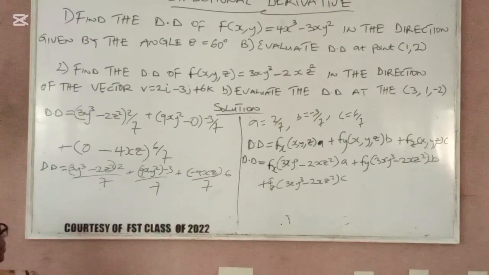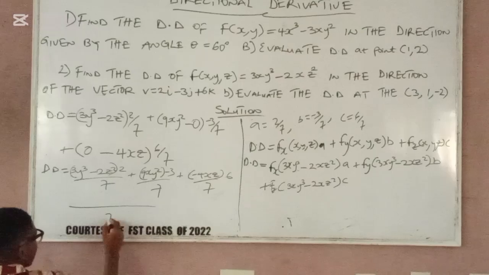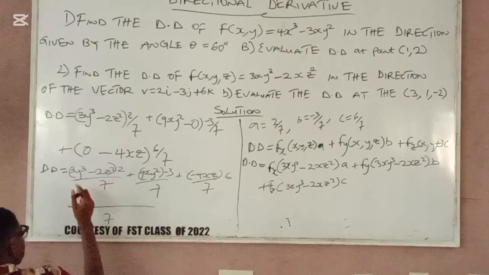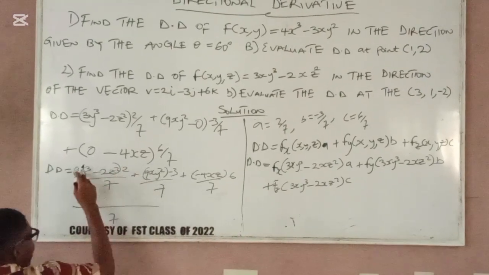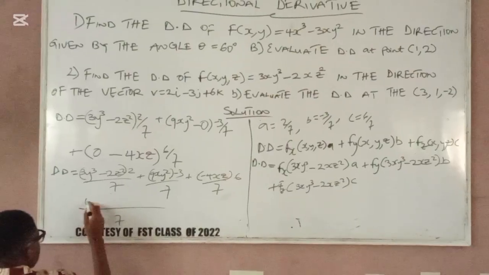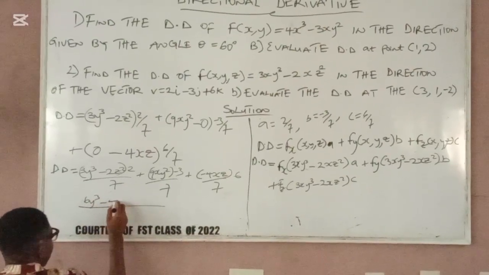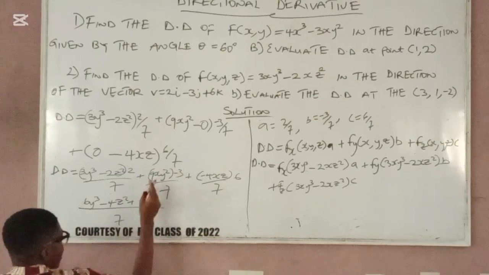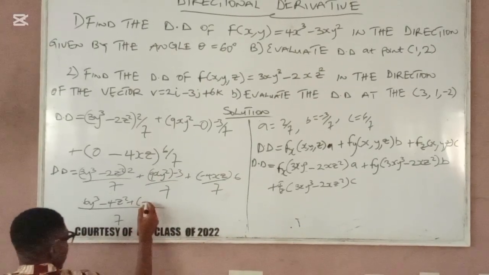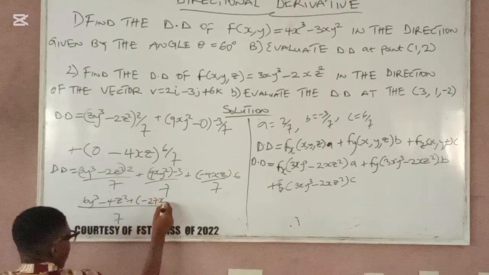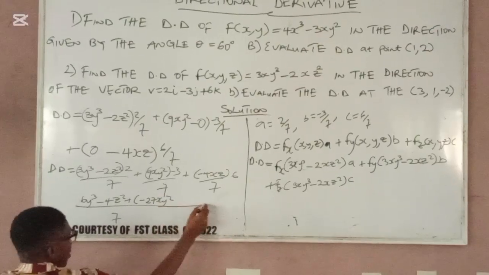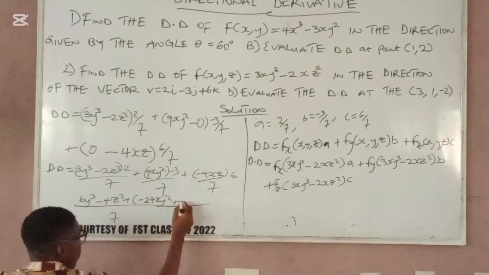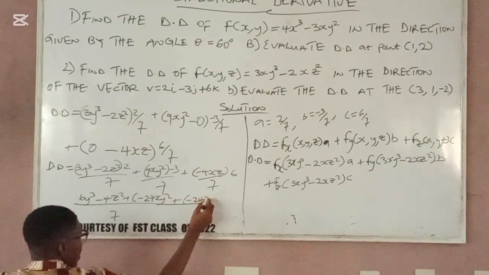The LCM is 7. We open the brackets: 2 times 3y cubed is 6y cubed minus 4z squared, plus minus 3 times this is minus 27xy squared, plus 6 times 4 is minus 24xz.